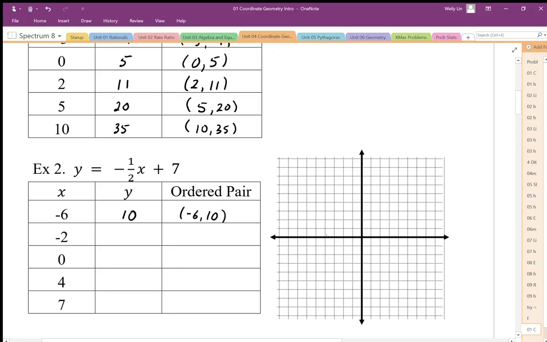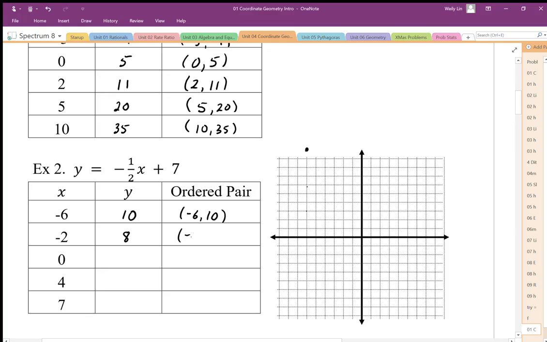So I'm going to go 6 to the left, and then up 10, just a little bit off the graph. Now I plug in negative 2: negative 2 times negative 1/2 is 1, so I end up with 8.